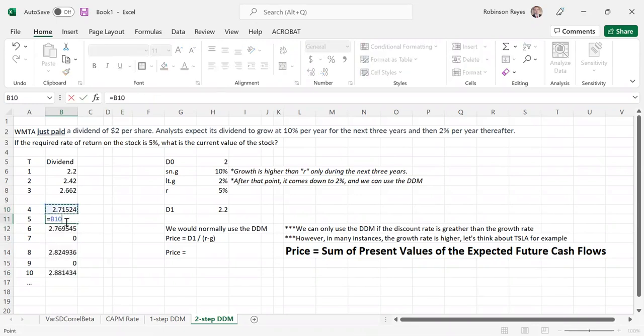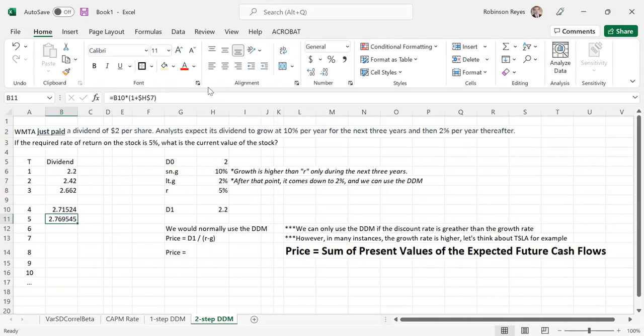Let's delete these numbers, and then let's do it from here. Then this dividend will grow once again at that 2% rate, and now we can lock it. So we can scroll this down, and then the dividends will continue to grow at a 2% for the foreseeable future. Because you already saw, I do not need to do this.